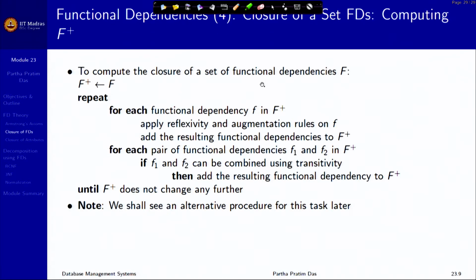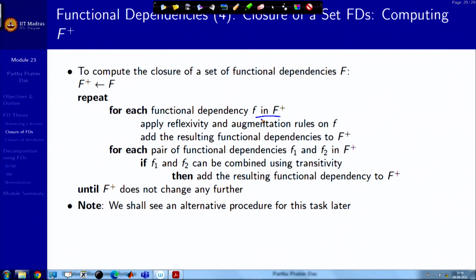To do that, and actually this can be done in an automated manner, we have a simple repetitive algorithm. You start by initializing the closure set F plus with F. Then for each functional dependency in this temporary set F plus, apply the reflexivity and augmentation rules, which might generate something.